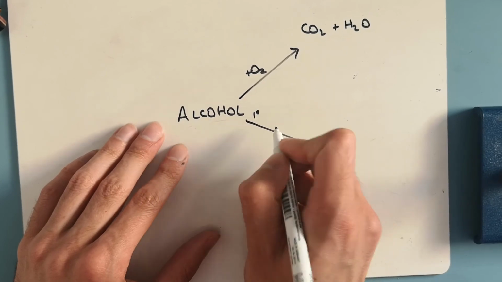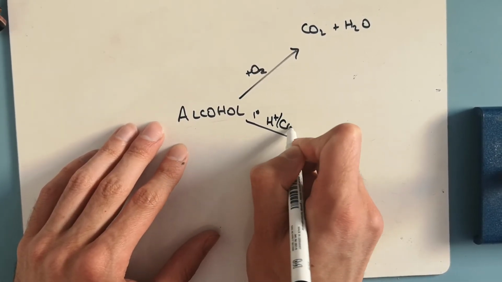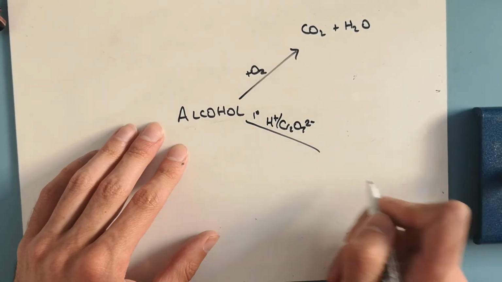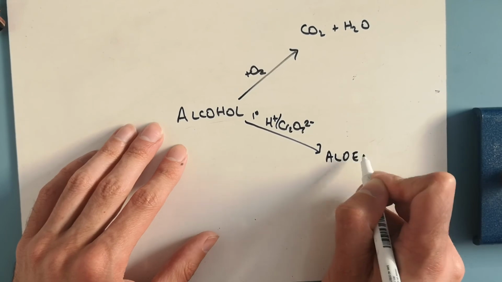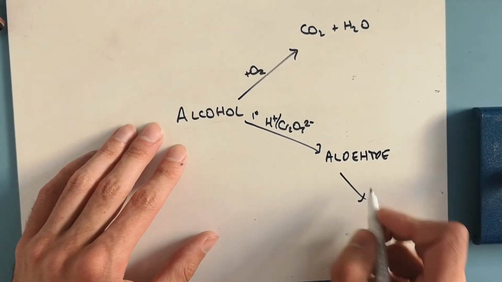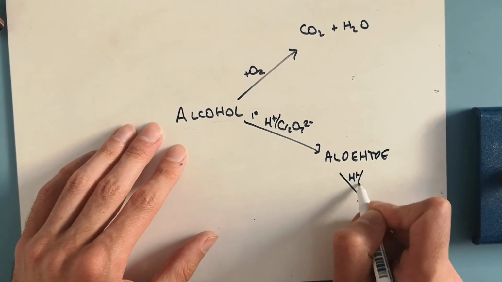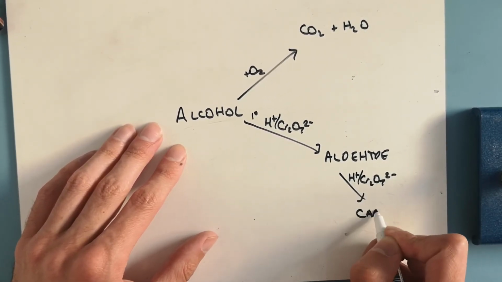If we take a primary and add H plus and Cr2O7 2 minus, we're going to get an aldehyde if it's a primary, and if we carry on going, we'll get a carboxylic acid.